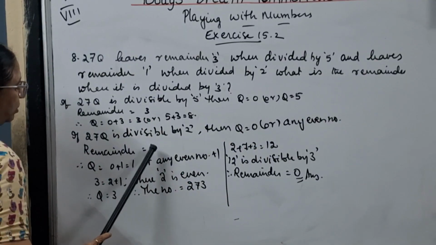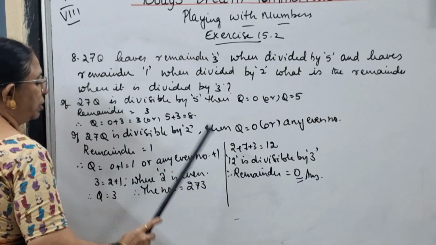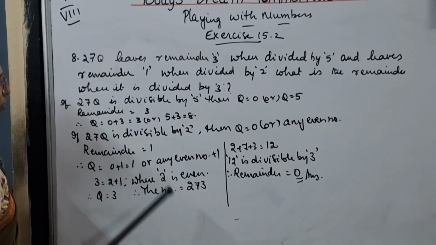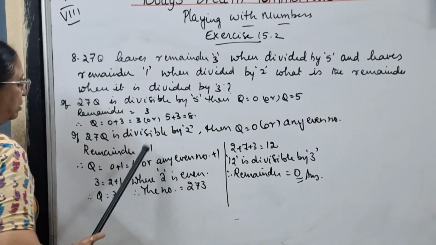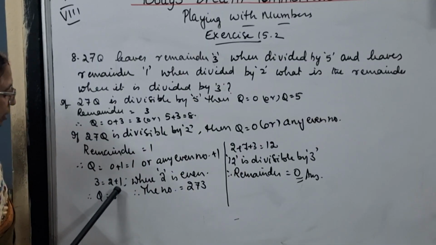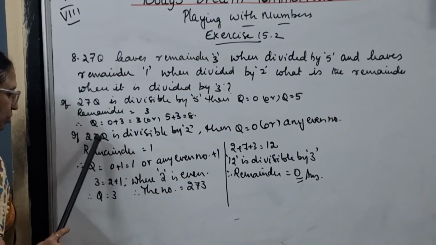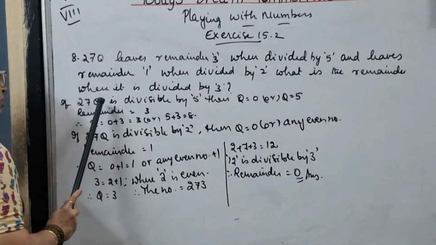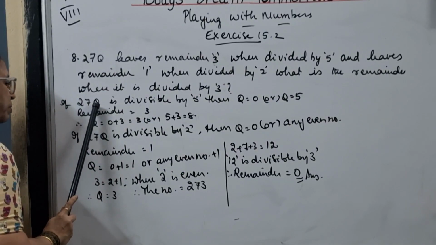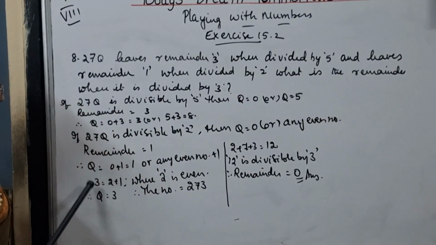Now remainder is 1 means Q will be equal to 0 plus 1, 1, or any even number plus 1. Now here we have got 3 here, 8 here. 3 means what? 2 plus 1 you can write. 2 is an even number. So even number plus 1 means 3. So if you take 3, that is divisible by 2, leaving remainder 1. And if you take 3 here, that is divisible by 5, leaving remainder 3. So both the cases are possible here.